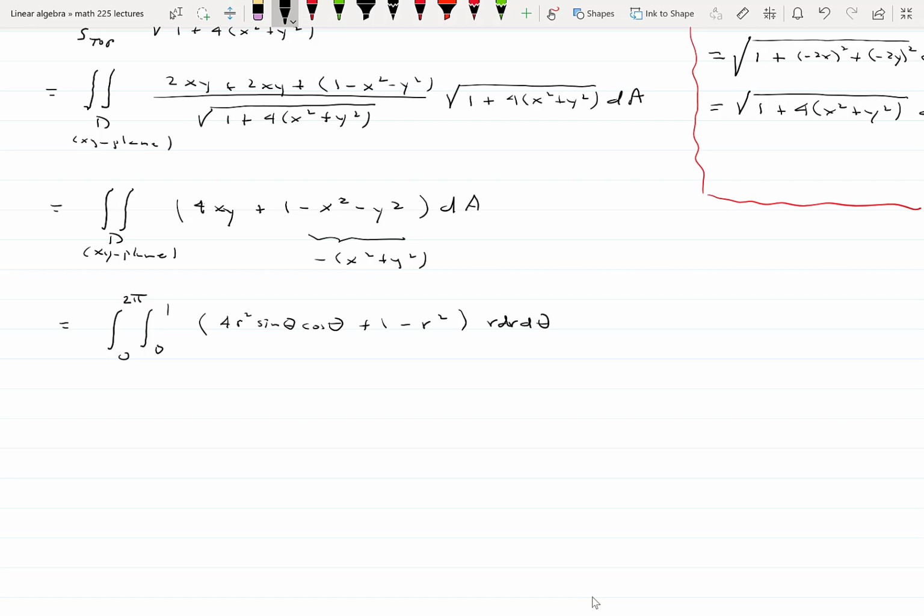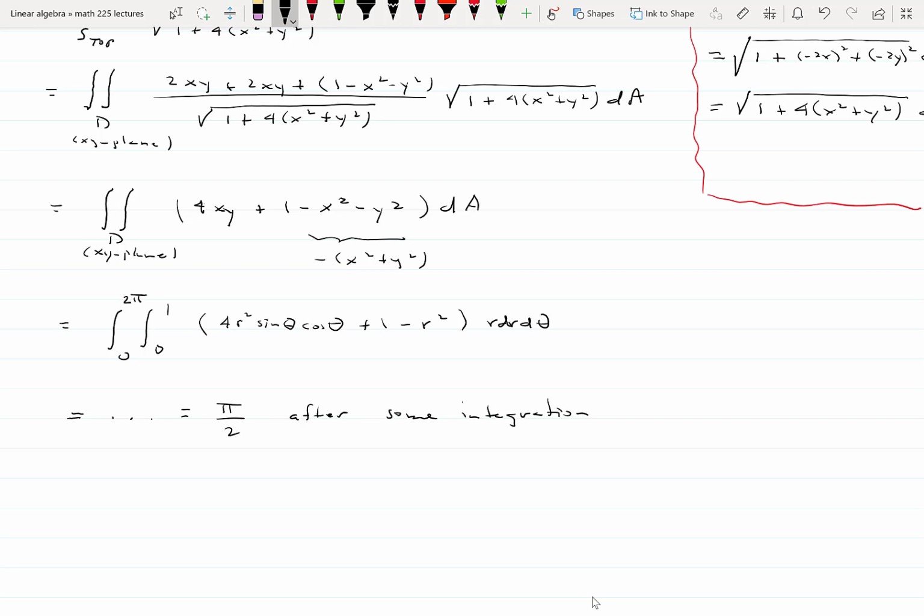I'm not going to do the evaluation on camera. It's a little bit of work. It's not a lot of difficult integration, but this equals pi over 2 after some integration. It's not too tough, and I think I can leave that off.